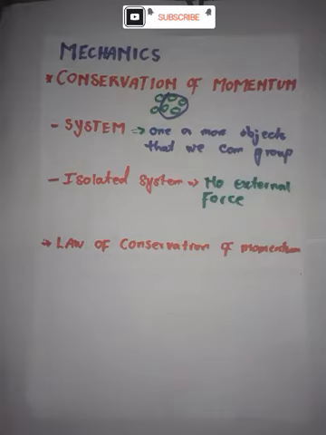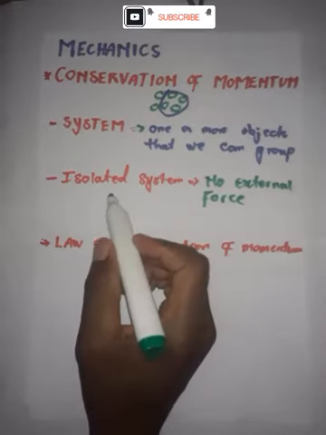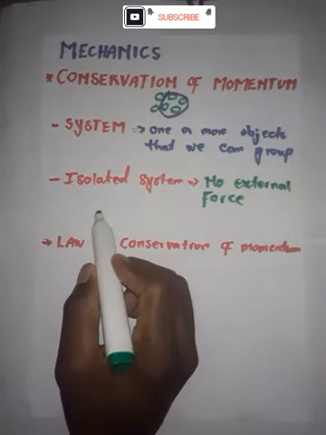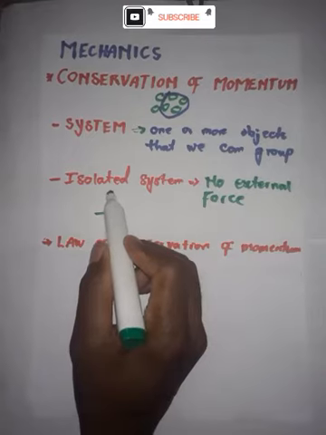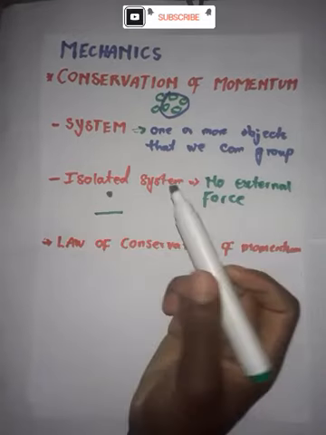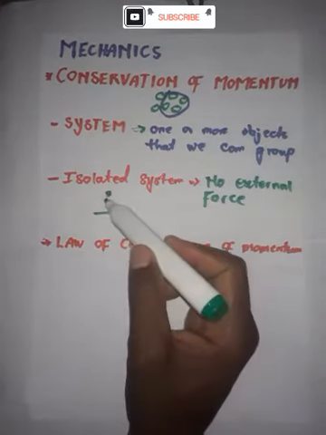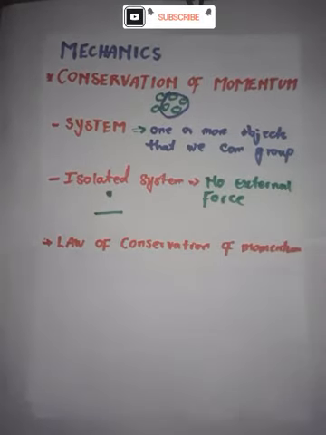To understand that, let's take a look at this one. If you are dropping a ball, let's say this is the ground, and this is the ball falling down. While the ball is falling, what's causing it to fall is the force of gravity.